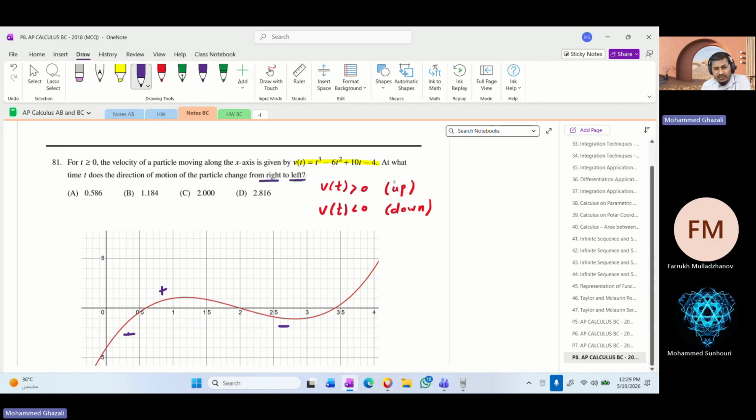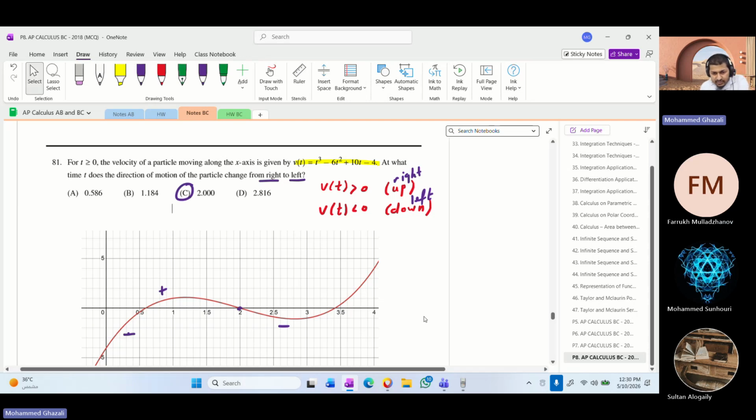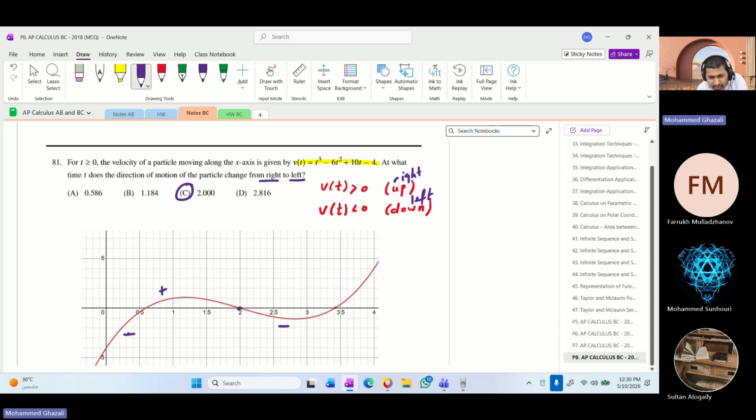So let's take positive as right and negative as left. So 2. At 0.5 it's moving from left to right. We want from right to left, from positive to negative. Okay, that makes sense. So the answer is C. And just before 3.5 it's moving from left to right again.